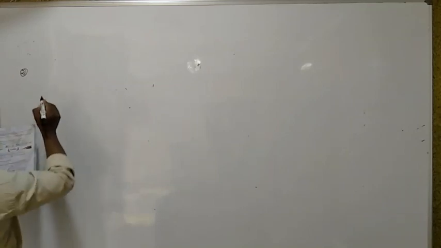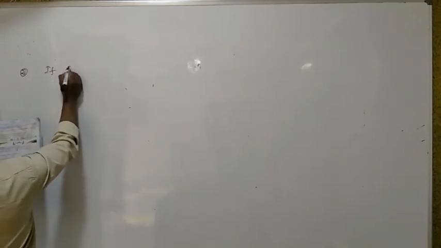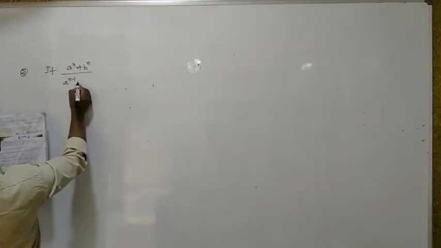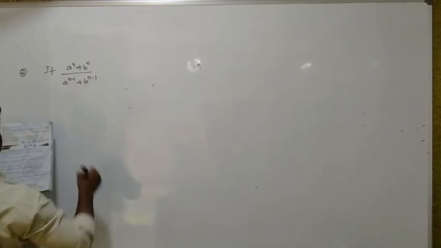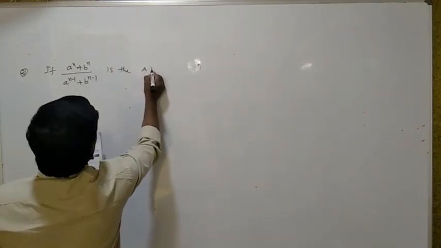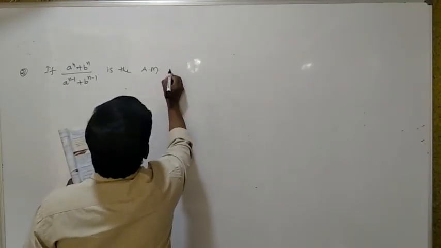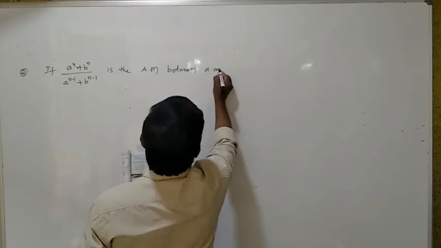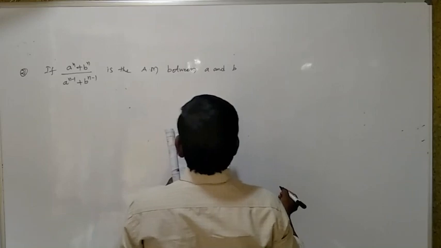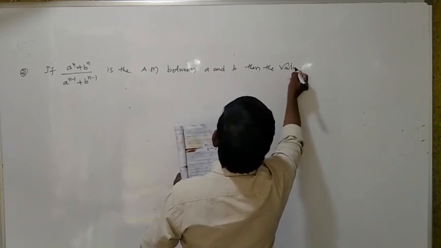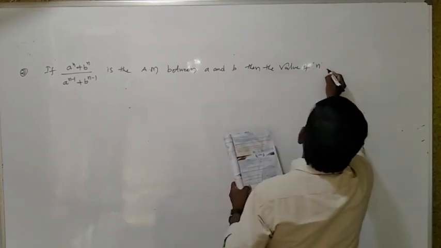Now let's shift to the second problem. If a power n plus b power n by a power n minus 1 plus b power n minus 1 is the AM between a and b, then the value of n is equal to dash.